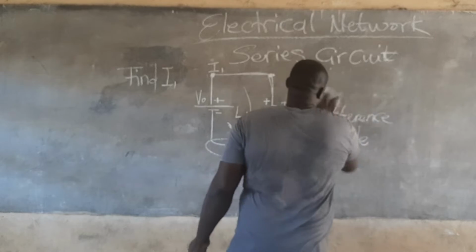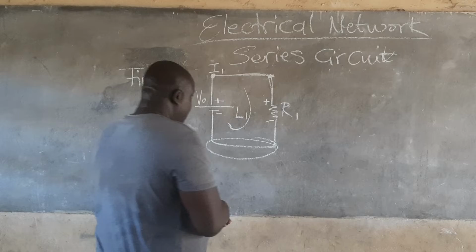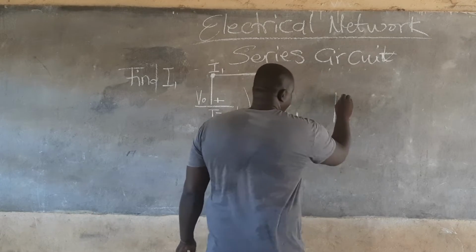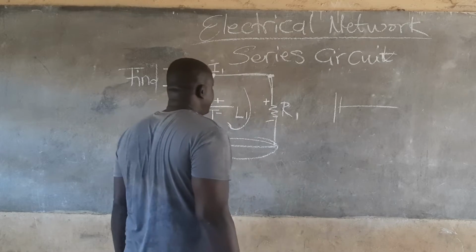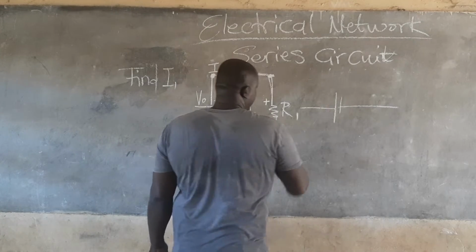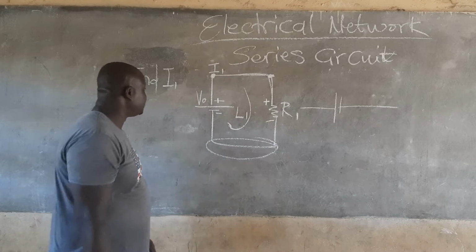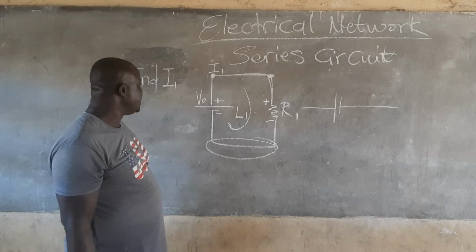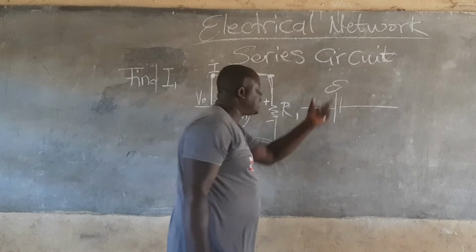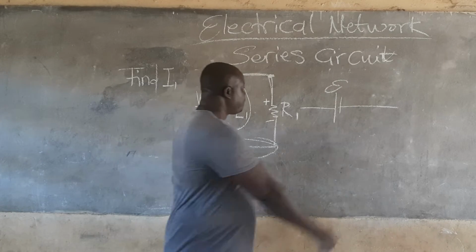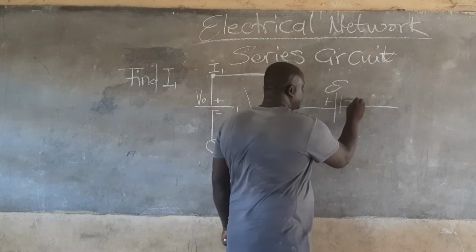So to find I1, let me write the electromotive force. This is the symbol of electromotive force. In some of my presentations, I'll be using E instead of V. So the E stands for electromotive force. And this is my positive polarity, and this is my negative polarity.